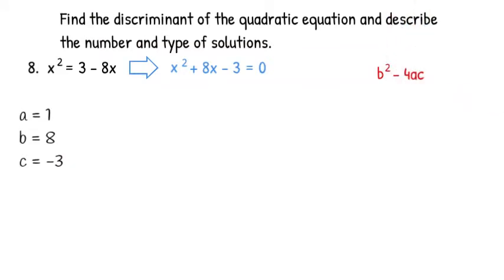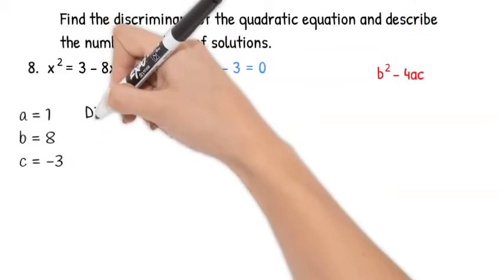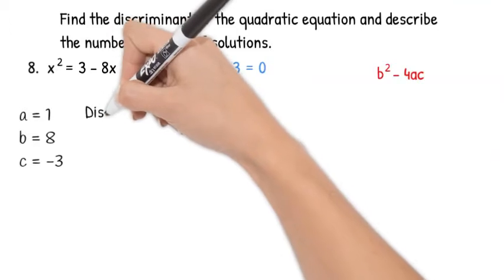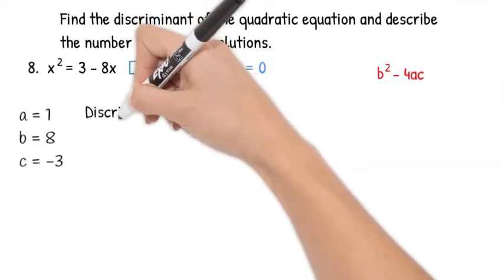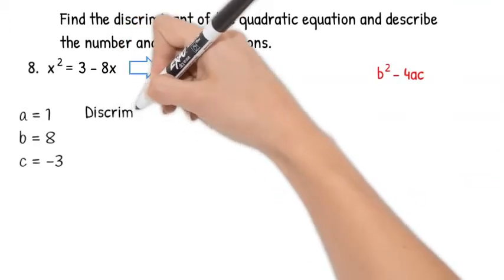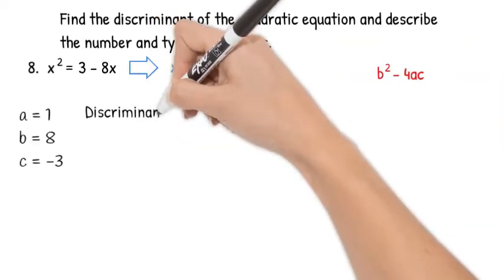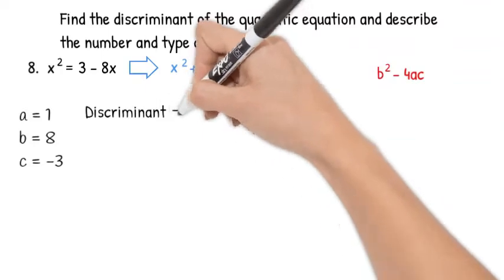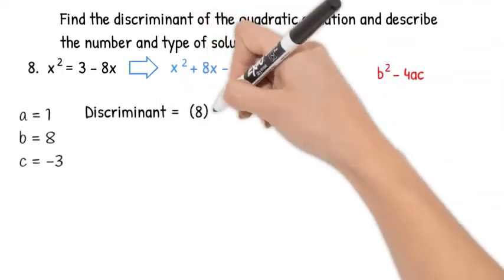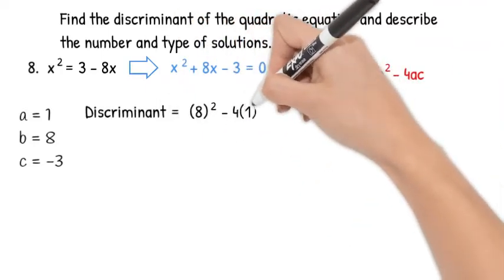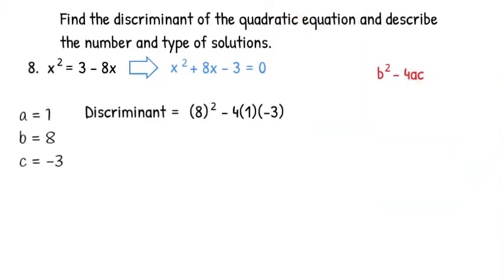Okay, now the discriminant is b squared minus 4ac. So I'm going to take my a, b, and c and plug them into that. All right, so 8 squared minus 4 times 1 times negative 3.